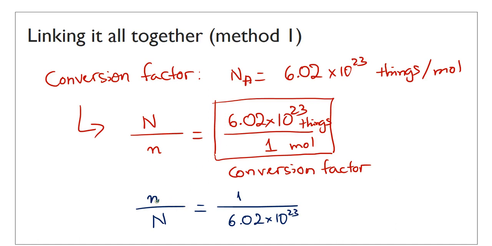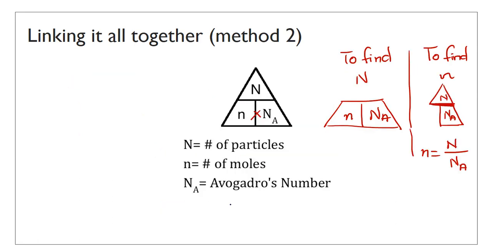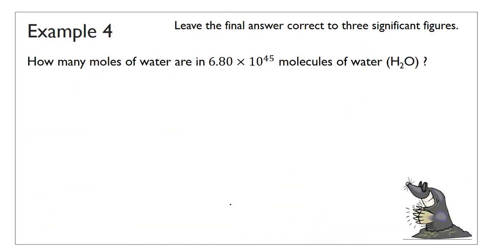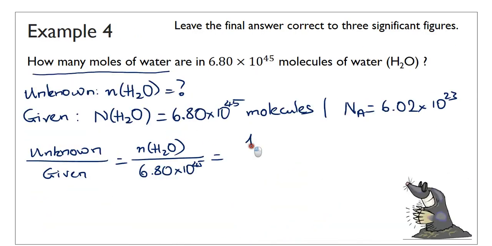In this question, because number of mole is my unknown, I'm going to use the reciprocal version of the conversion factor. So I'm going to go with 1 over 6.02 times 10 to the 23. So that 1 and the number of mole are on the same level, and the number of things are on the same level. And then from here, you can transpose to answer the question.